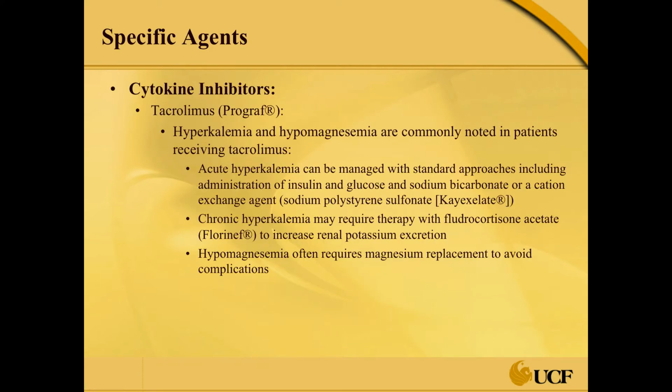Hyperkalemia and hypomagnesemia are commonly noted in patients receiving tacrolimus. So we would manage that as we would any other patient with hyperkalemia. So we might use, for example, insulin and glucose therapy or Kayexalate. Chronic hyperkalemia, though, we have to use something like Florinef, which is a steroid which promotes excretion of potassium through the renal system.